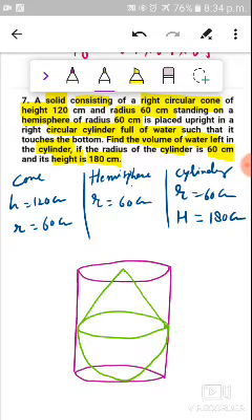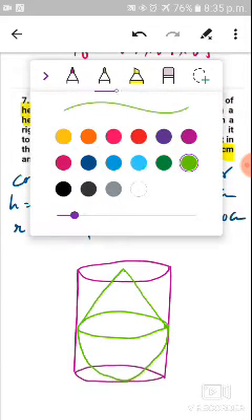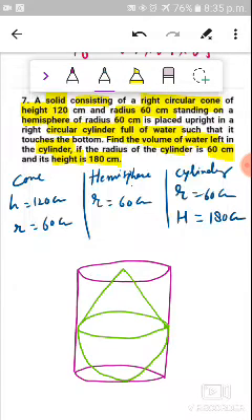Now see what we need to find. When we have put this combination of cone and hemisphere inside this cylinder which is full of water, some water will flow out, and some water will remain inside.